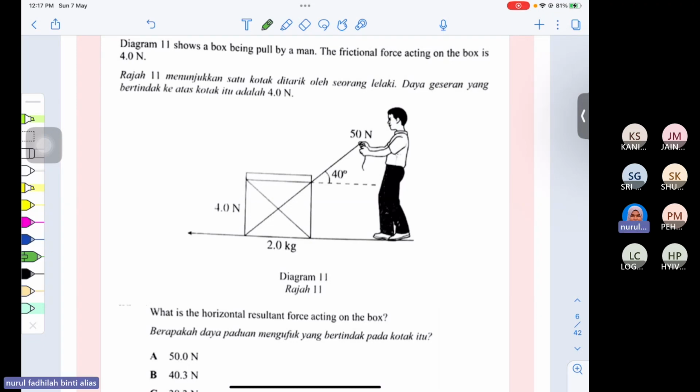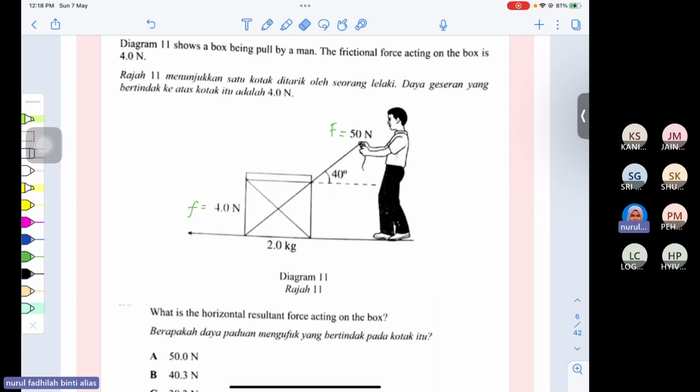Here there is a force, and then we have the frictional force. What is the horizontal resultant force acting on the box? It wants the horizontal.